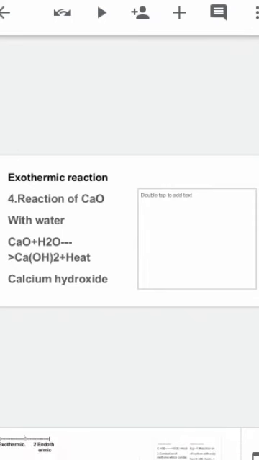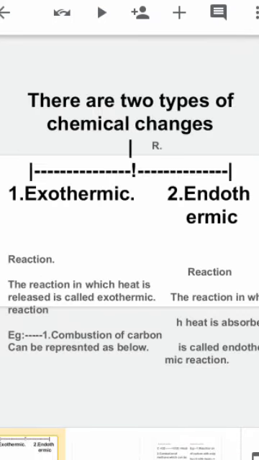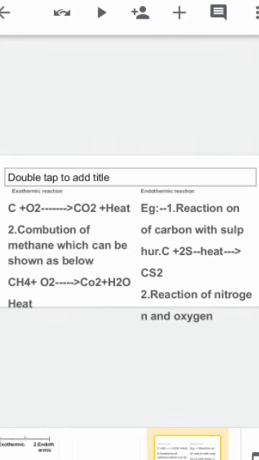So students, look here, I taught you types of chemical changes, and there are two types of chemical changes, exothermic and endothermic, and also I taught you examples.